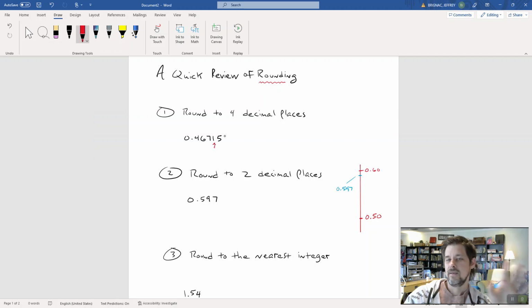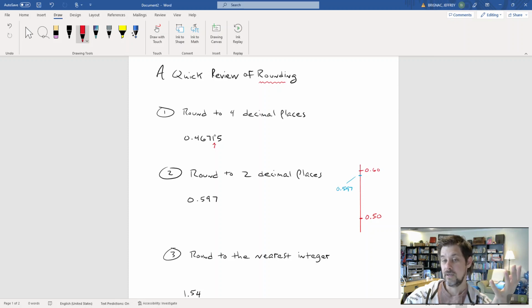I don't care what comes after the 1. Now, the procedure is if the digit that comes after the place you want to round to is 5 or greater, then you bump the digit in the place you want to round to up by 1. If the digit after the place you want to round to is 4 or less, then you leave the digit at the place you're rounding alone.